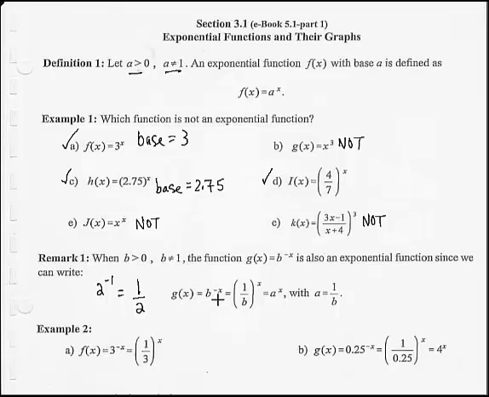So b to the negative x, if we want to get rid of the negative in front of our exponent, then as an intermediate step, we could write b to the negative x as, let's see, 1 over, or even better, b to the negative 1 times x, and then we can isolate b to the negative 1 and split these up using the power rule, and then b to the negative 1, with b just simply being a number, can be written as the fraction 1 over b.